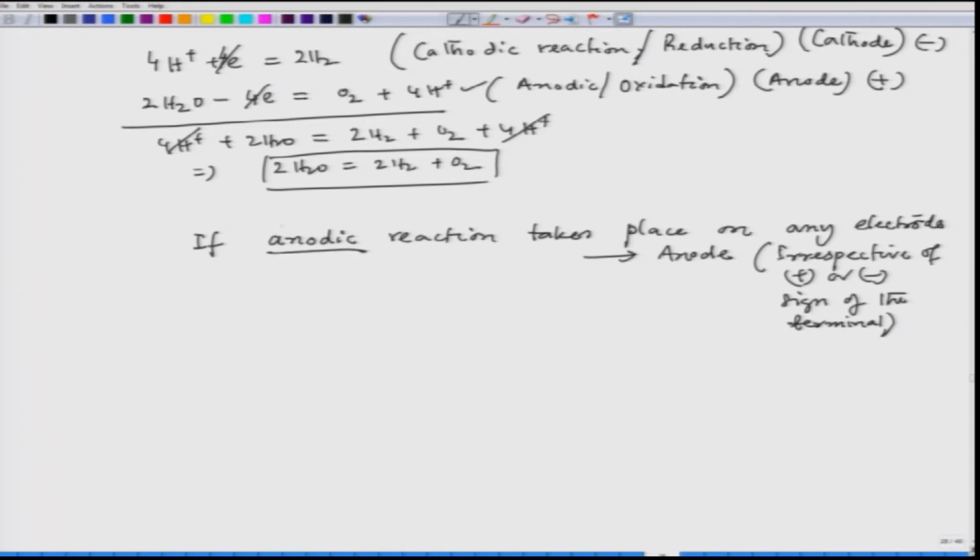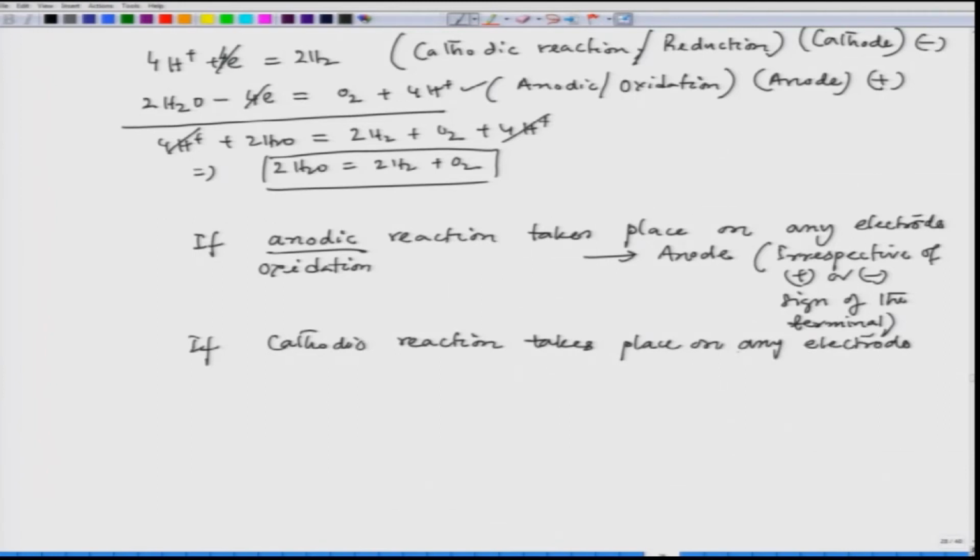Whenever we talk about anodic reaction, definitely we can also talk about oxidation reaction. Now, if cathodic reaction takes place on any electrode, that will be considered as cathode, irrespective of positive or negative terminal.